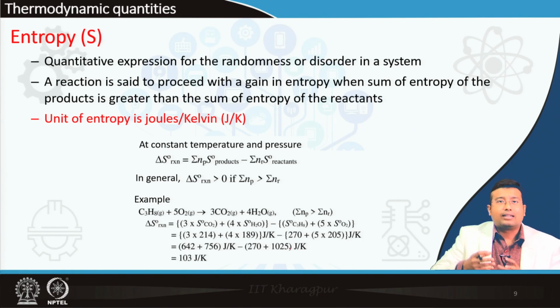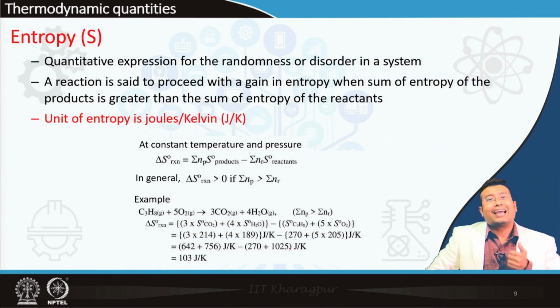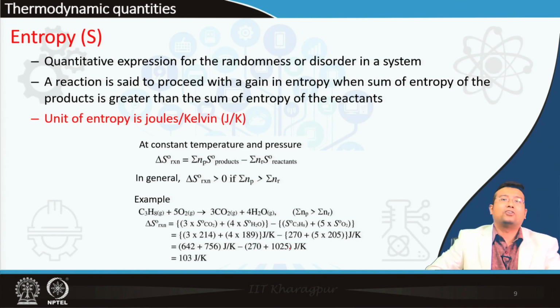It means the change in delta S is positive. Okay, it is quite different from the previous two. Generally, when considering delta G and delta H, spontaneous reactions are exergonic and exothermic, meaning the change in delta G and delta H is negative, but when considering entropy, the change in delta S is always positive.